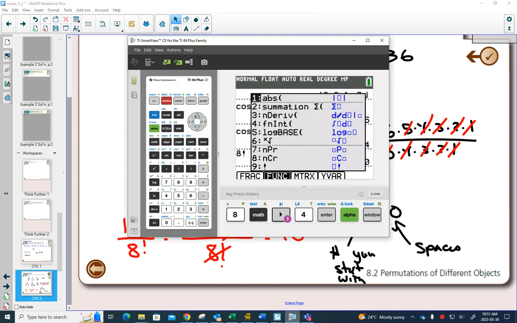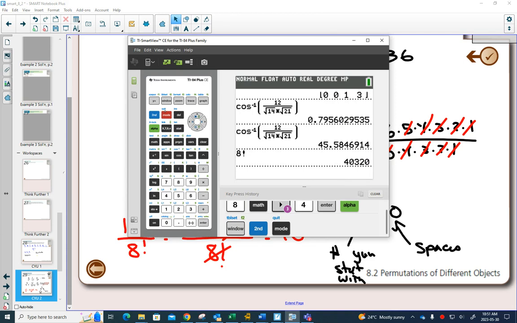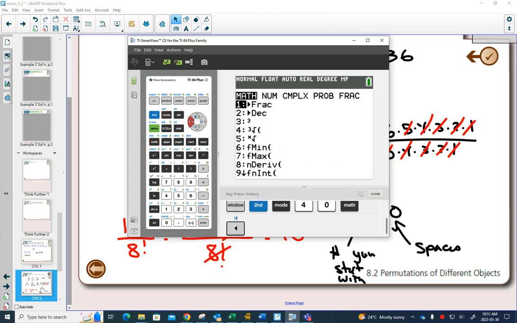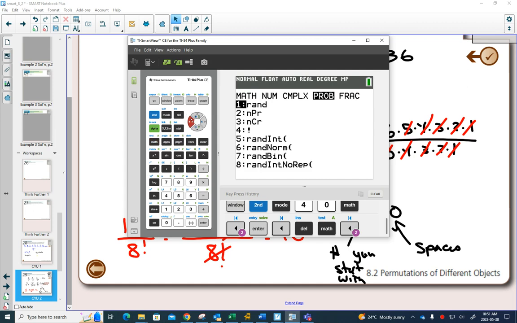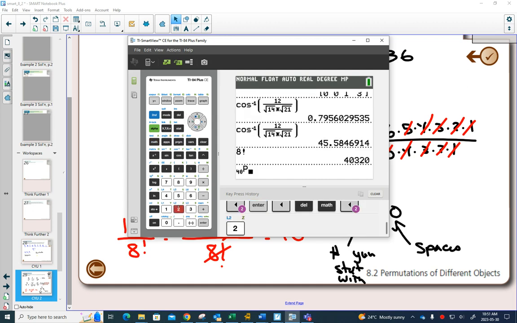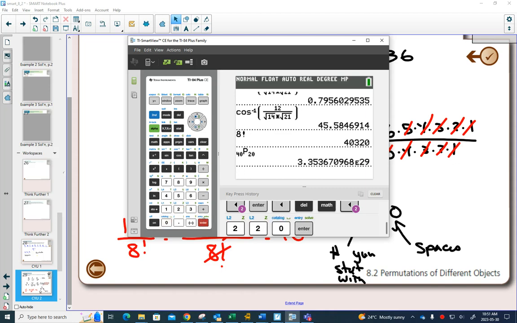So if we hit our calculator button, the same place, I can type in 40. I can hit my math button, go over to probability. Number 2 is nPr. So I can go 40, P, 20, and it will calculate it for me. It's a huge number.